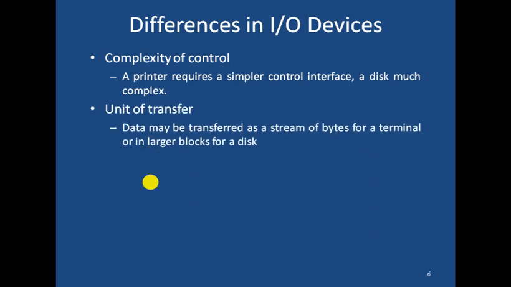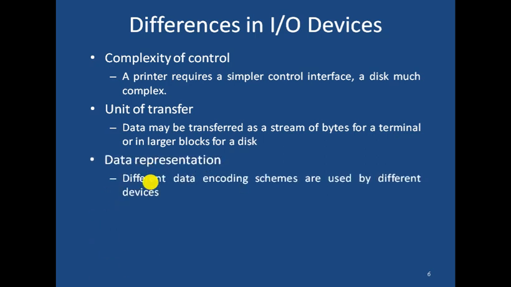And unit of transfer: on some devices, data can be transferred as a stream of bytes, but for some devices, such as a disk, the data can be transferred in larger blocks. For example, terminals can transfer large blocks of data, while keyboards or mouse can transfer a stream of bytes. That is about unit of transfer.